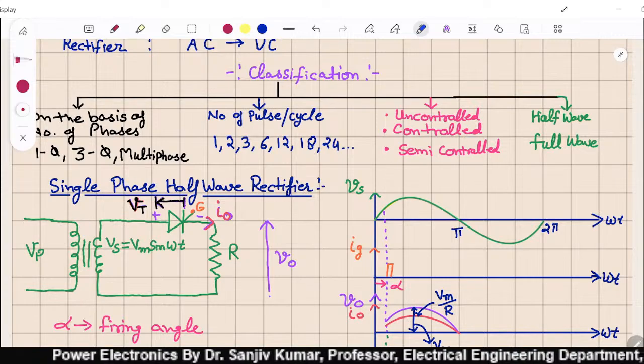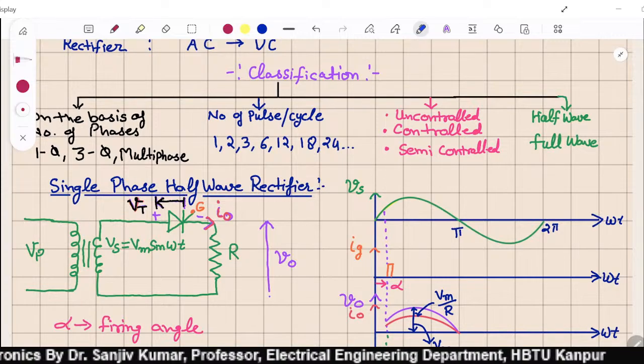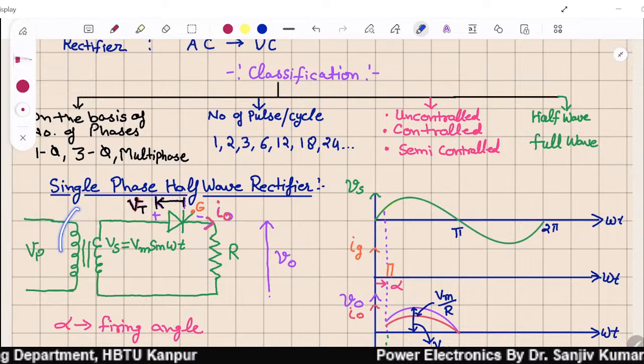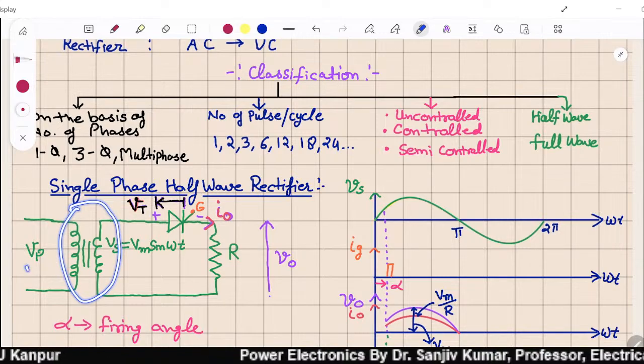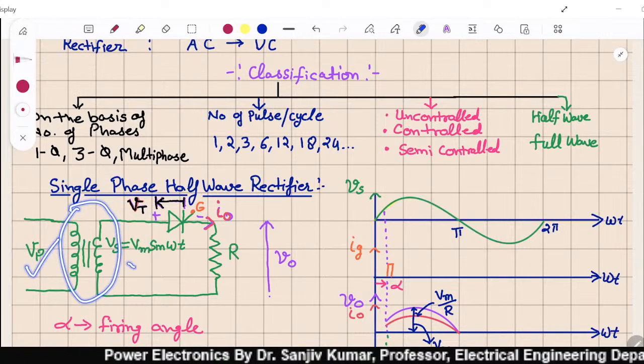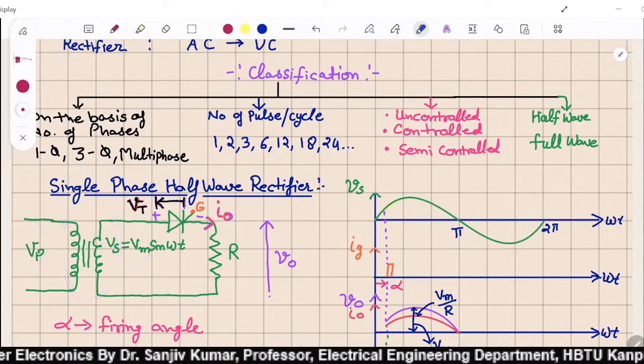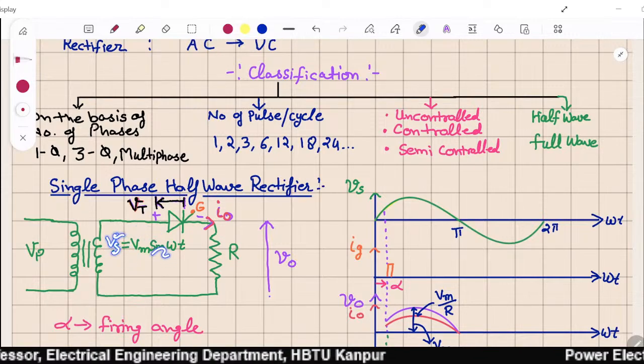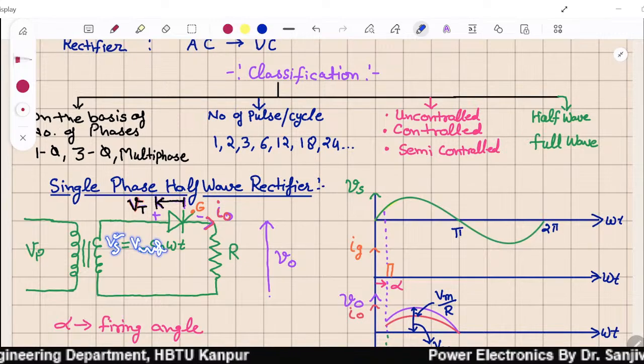For example, in your mobile charger, you use 220 volt and get 5 volt DC, so there must be one transformer. So this is the primary of transformer and this is the secondary of transformer, and let us say the secondary voltage Vs is given by Vm sin omega t.